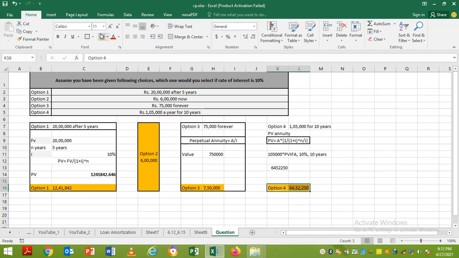So this is the present value, the investment value, of option number 4.